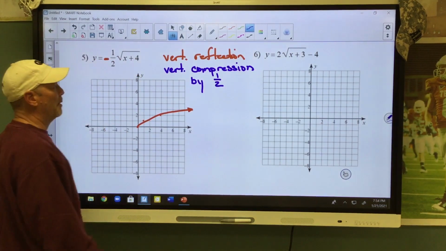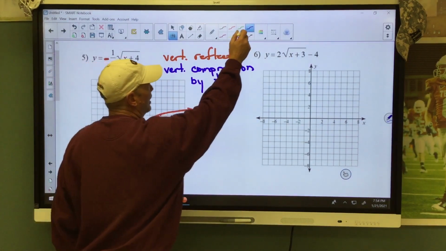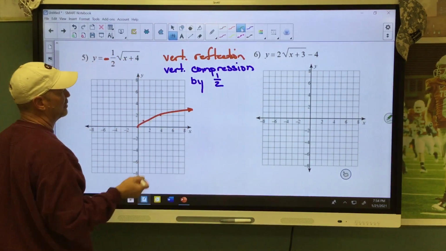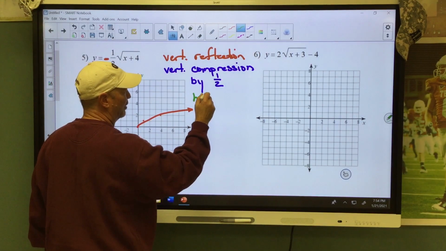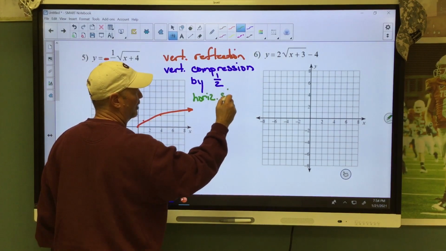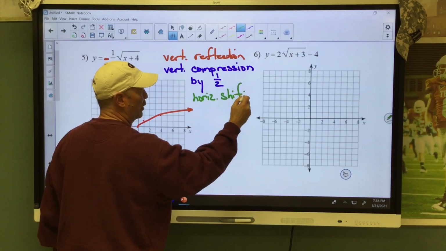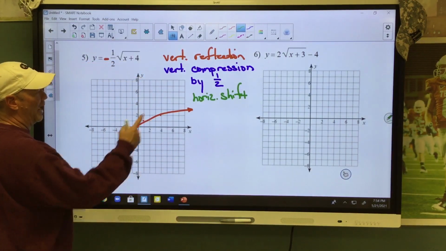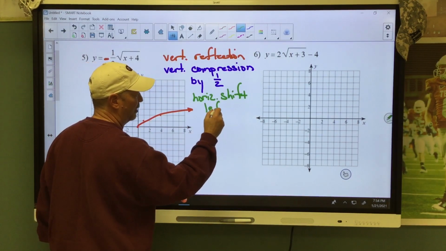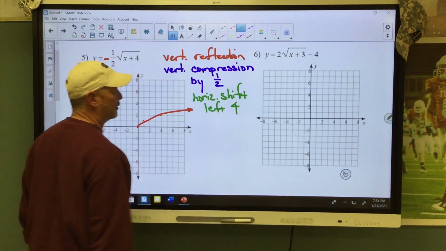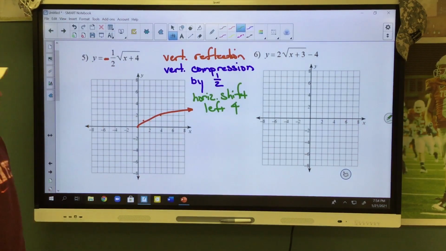Remember, we're thinking opposite, so we're going to have a horizontal shift, or you can say translation. In this case, we're going to go left 4 units.